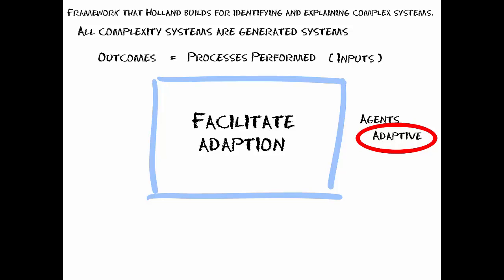The ability to deal with a moving target and an adaptive agent means that the process in the middle is complex. It's not just complicated. It's a very complex process because it can actually deal with and facilitate an adaptive agent.